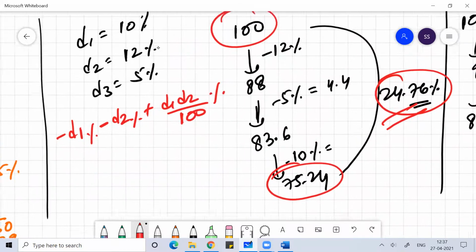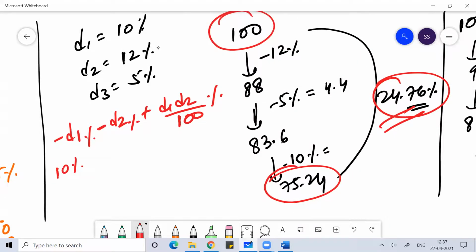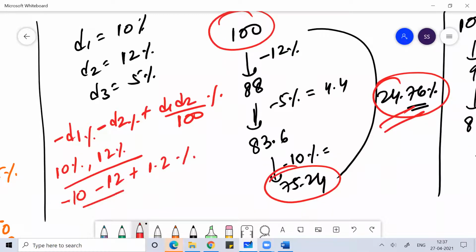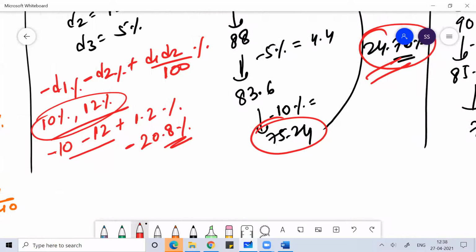You can solve this by taking 10% and 12% and finding the equivalent: minus 10 minus 12 plus 1.2%, which is minus 22 plus 1.2, so minus 20.8%. So 10 and 12 give you an equivalent of 20.8.